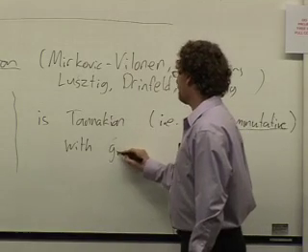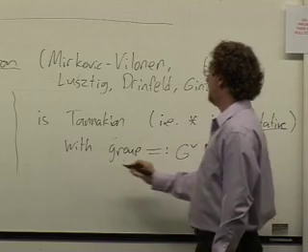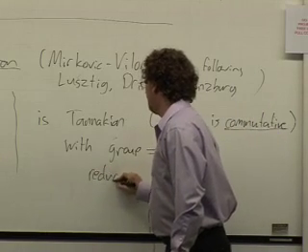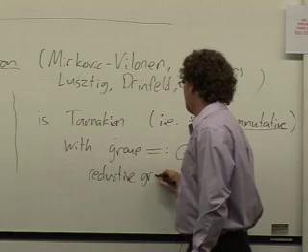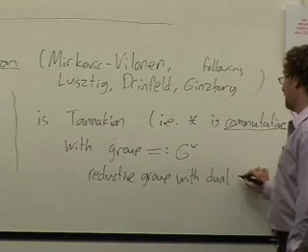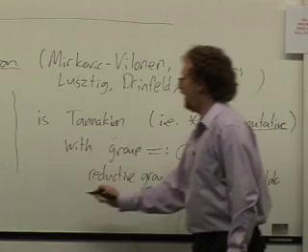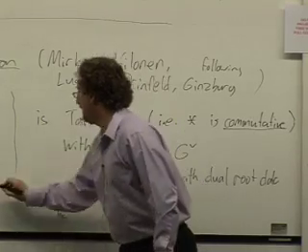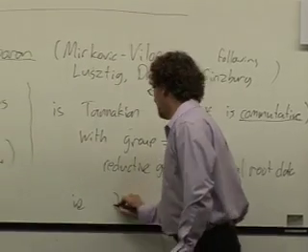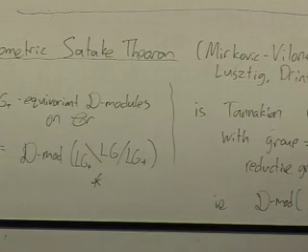Well, with the group, this is the definition of G check, a reductive group with dual root data. So the real definition of G check, i.e., the D modules on this space is Rep G check.